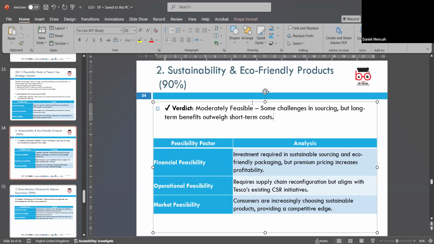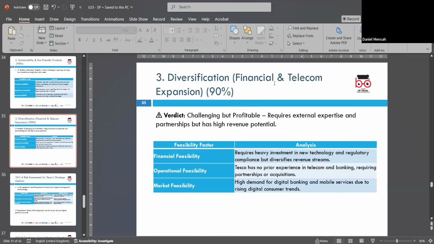If we see the third one, diversification, though we have given it 90% weightage, from the execution perspective and against this feasibility criteria, we see it is challenging but profitable. It requires external expertise. We need to depend on other people's expertise, and we require partnerships, but it has high revenue potential.